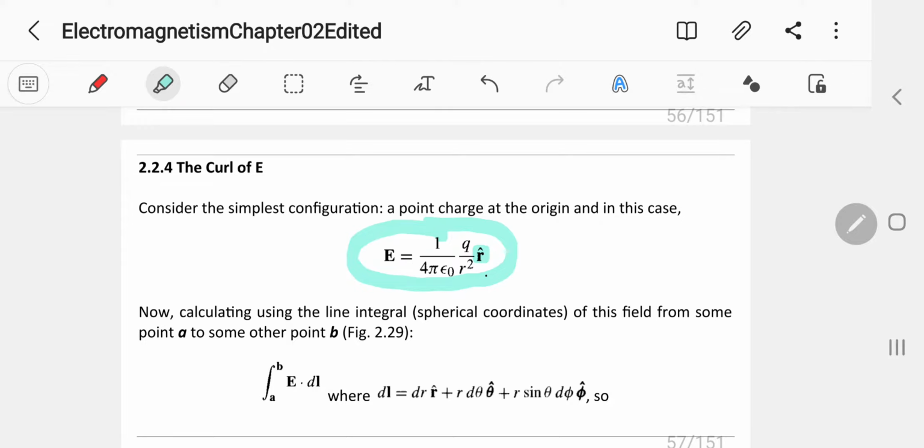In that case, you have a radial direction of the electric field. That means the electric field starts out from the center and spreads out in all directions radially outward if the charge is positive.